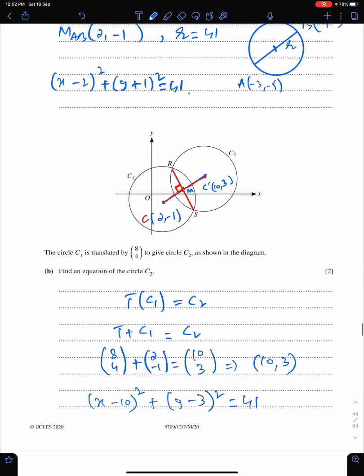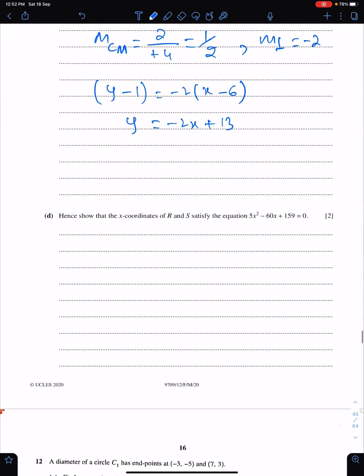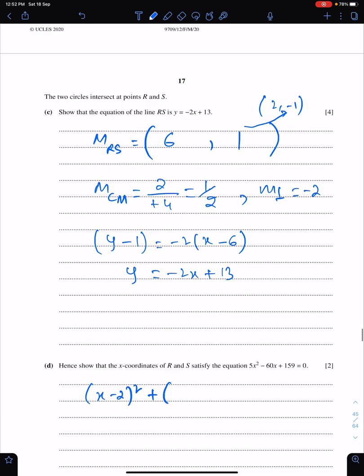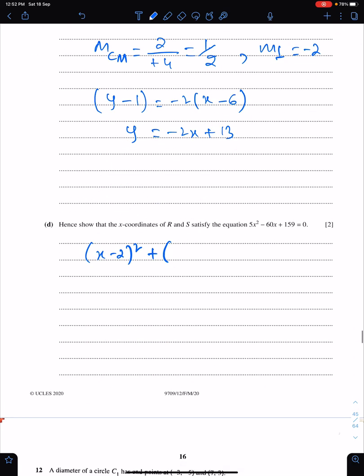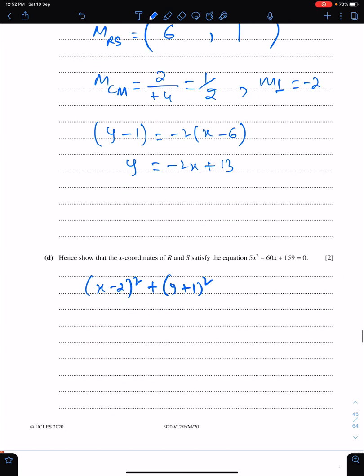So we copy equation number 1, which is (x - 2)² + (y + 1)² = 41. We just need to put y here. So we have x² - 4x + 4, y is -2x + 14, 41. By simplifying this, we can get the answer.